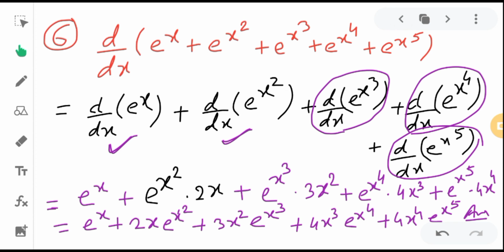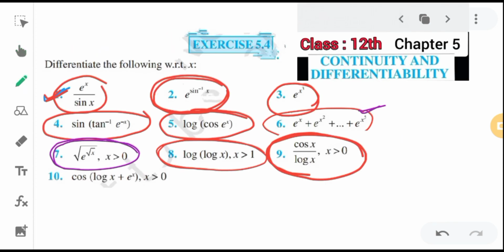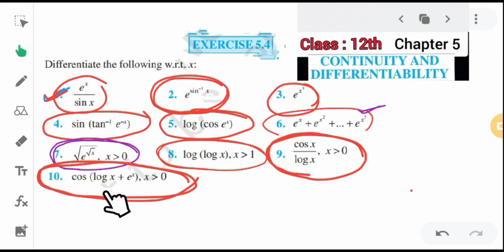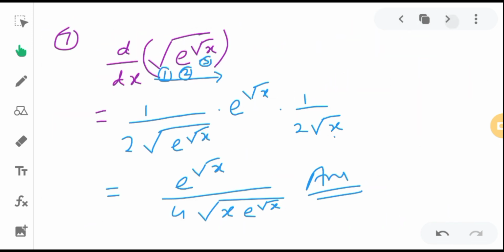So now we'll come to our last question, the 10th one. In the 10th question we have to find the derivative of cos of log x plus e to the power x.